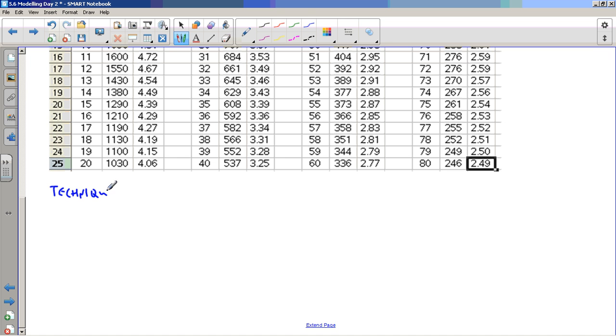We need a picture, right? We need to plot the data, either by pencil and paper or technology.